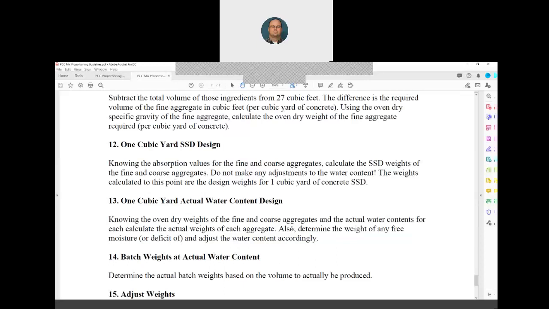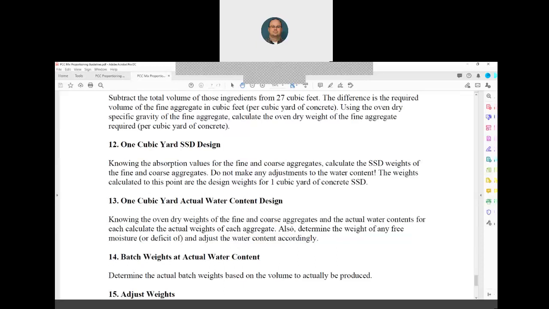All right, so if our aggregate has a natural water content of 4.6% and an absorption of 1.6%, that means we have free water, because our water content is greater than our absorption water content.